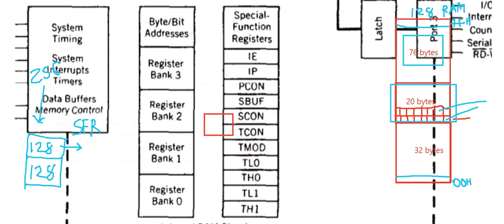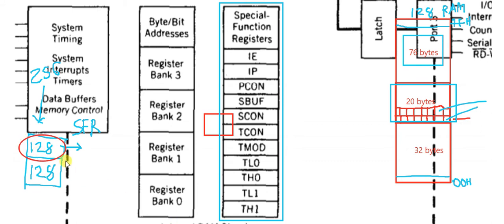This is called the special function registers. Okay, so the special function registers are designed, or that space of registers is given, in this particular upper 128 bytes of RAM.